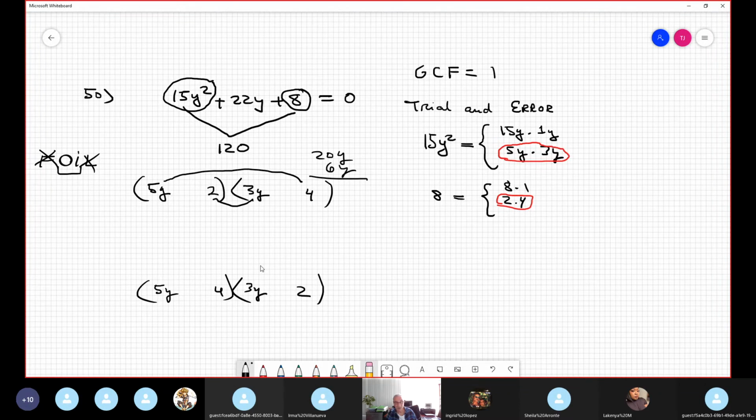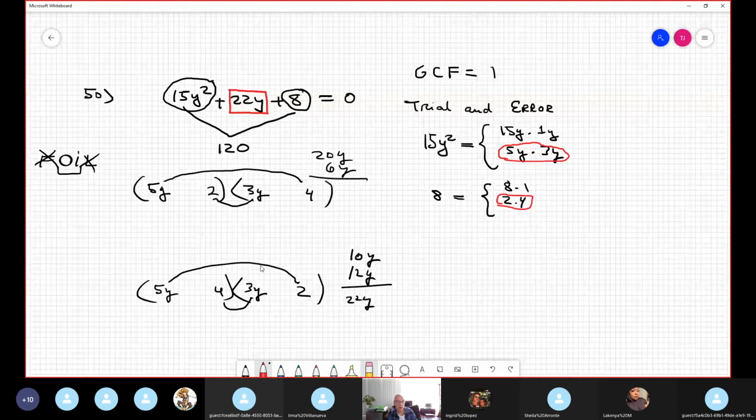Addition is 26, subtraction is 14. But we need 22. Suppose 4, entonces multiplication this is 10y. Multiplication this is 12y. Oh, nice, it's 22y. It's exactly what we need, 22y.